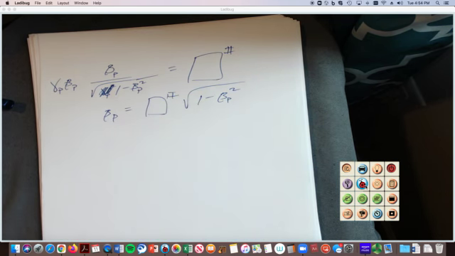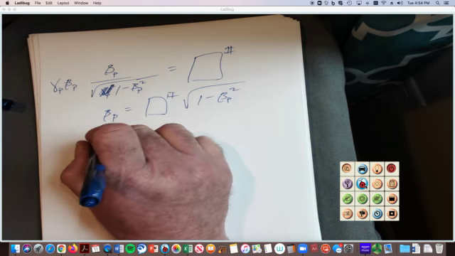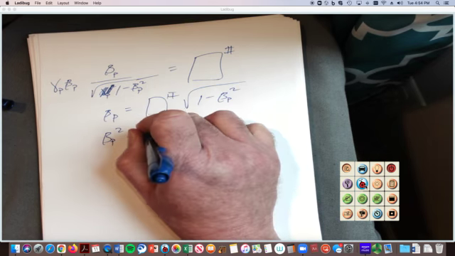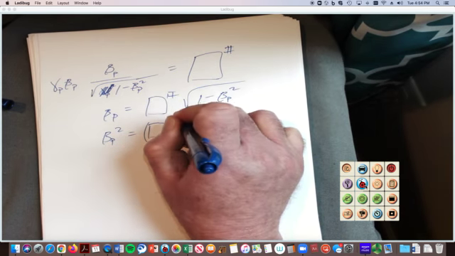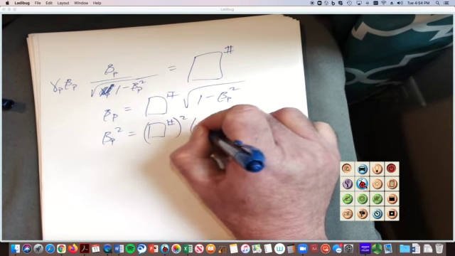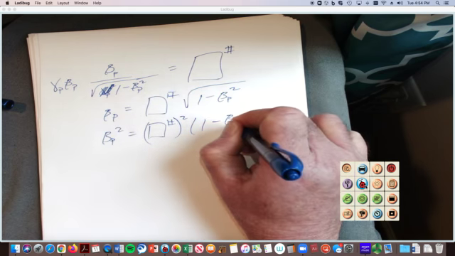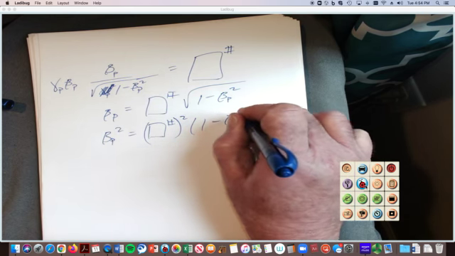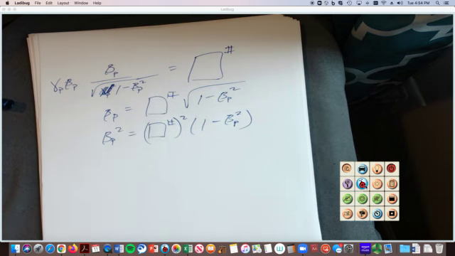We've got to do some algebra tricks here. Square both sides. So we get beta P squared is equal to that number squared times 1 minus beta P squared. Correct?